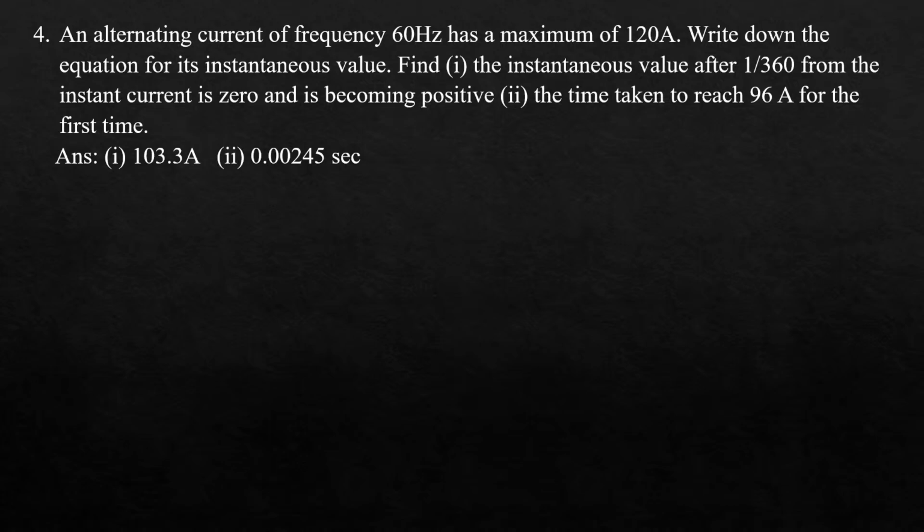So simply i = I_m sin(omega t). Because I_m is equal to 120 amperes, given to us, and f is equal to 60 hertz, given, therefore omega, which is angular speed, is equal to 2 pi f, which is 120 pi, right?